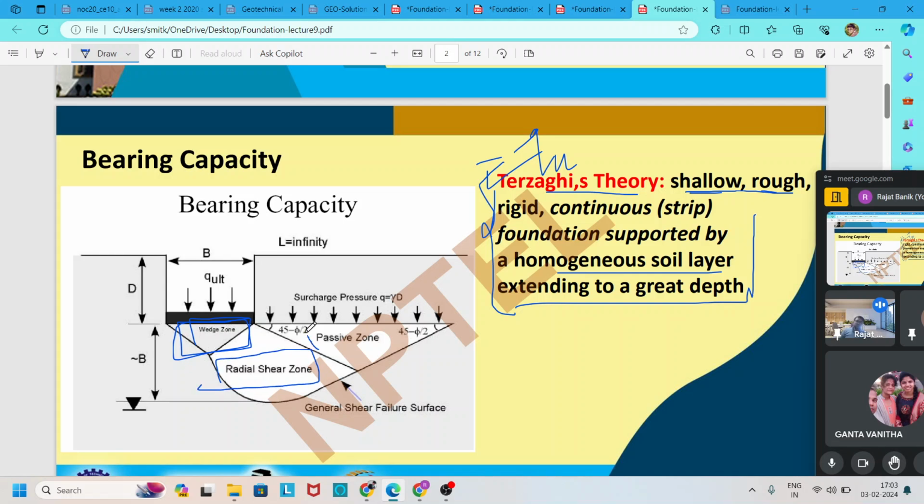Then the last one is passive zone, and it is called passive zone because it acts like a retaining wall, which addresses the passive earth pressure.